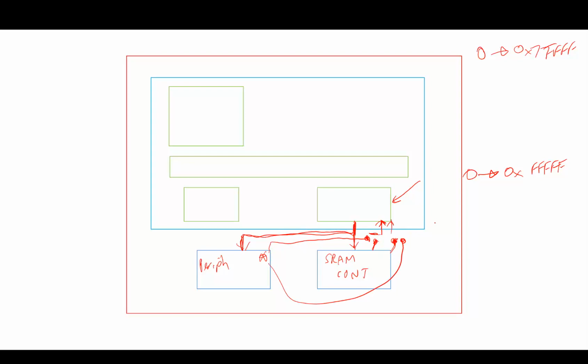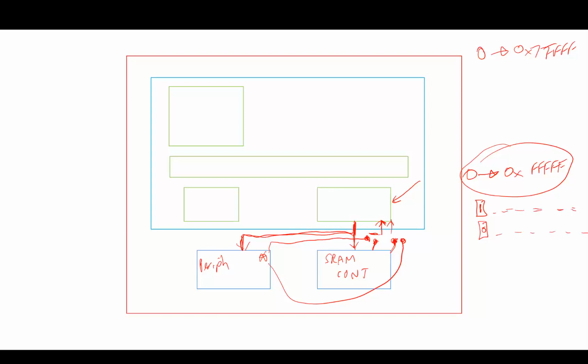Now, how do you differentiate? Well, the suggestion in the lab sheet is to divide up the address space into exactly half. That means that the most significant bit is what you're going to be looking at to decide which particular module you're accessing.